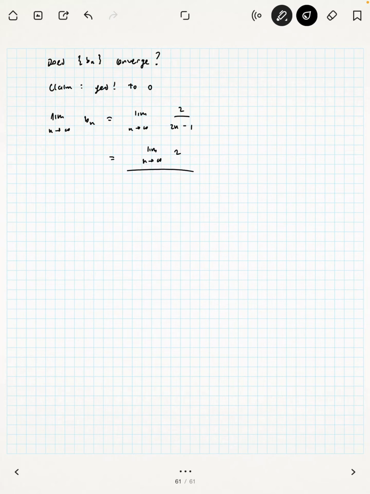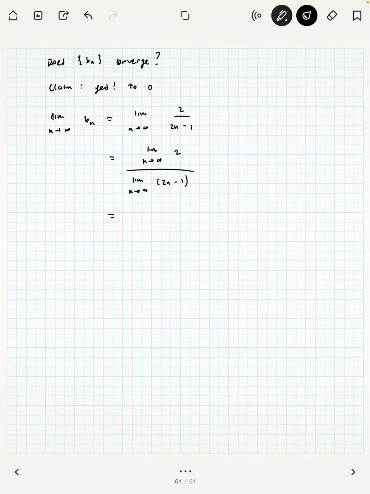What is happening to 2 in the numerator? What's happening to 2n minus 1, the denominator? We're breaking this sequence up into sequences constructed from other sequences: the sequence of just 2, and the sequence of 2n minus 1.